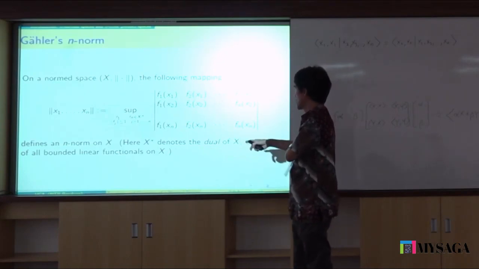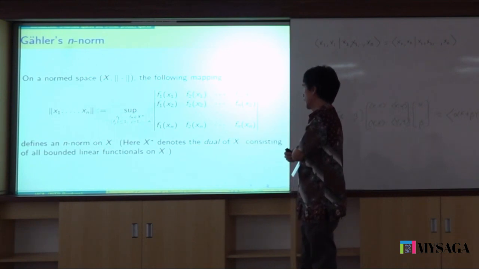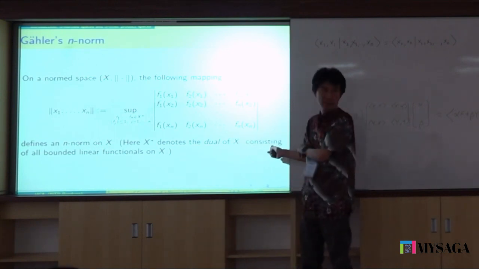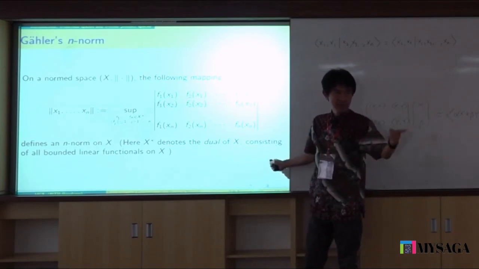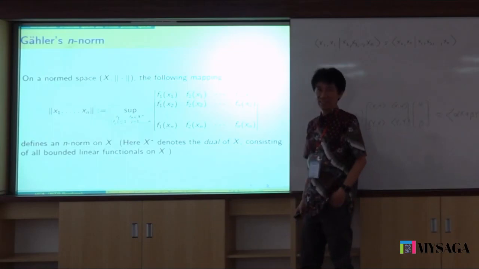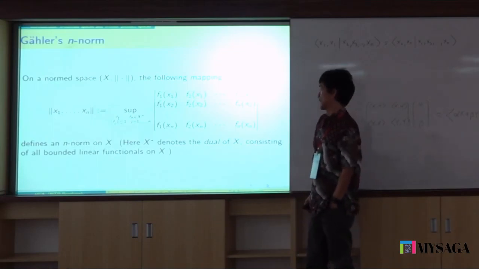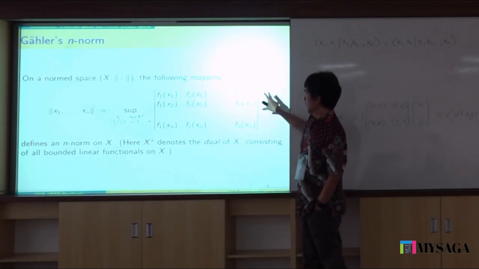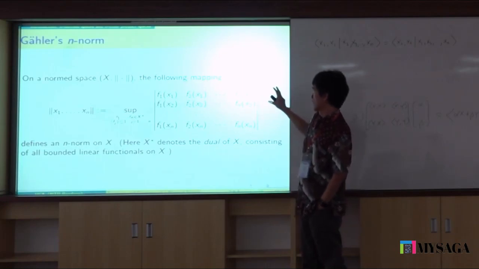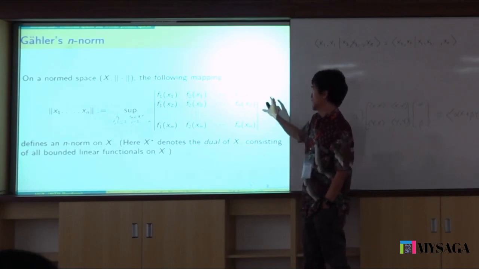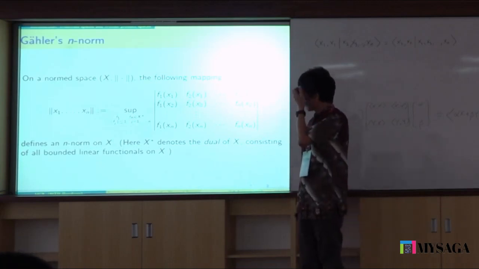The idea is to use the dual of x, consisting of, you've taken a functional analysis course, right? Consisting of all bounded linear functionals. So, if you check the property of a norm, they will be satisfied by this expression.